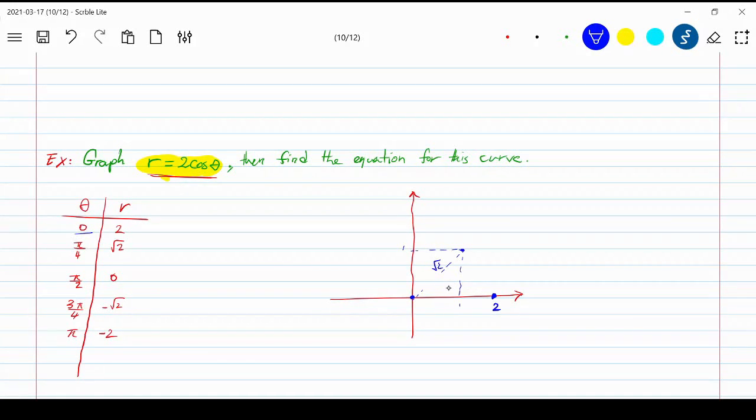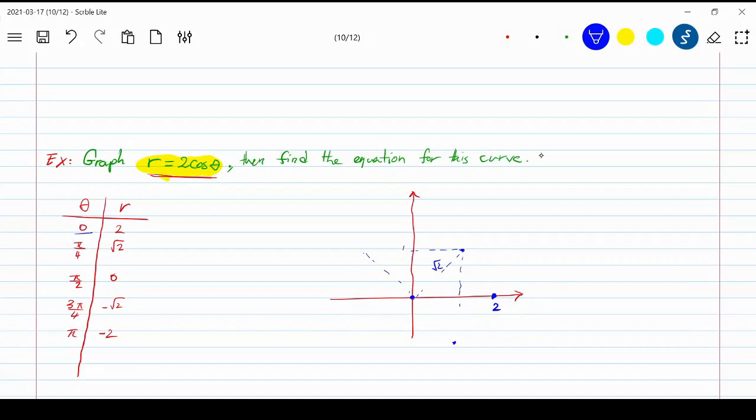Then at 3 pi over 4, we have negative root 2, which is here, but negative in terms of length would be on the other side, so you would have this point.